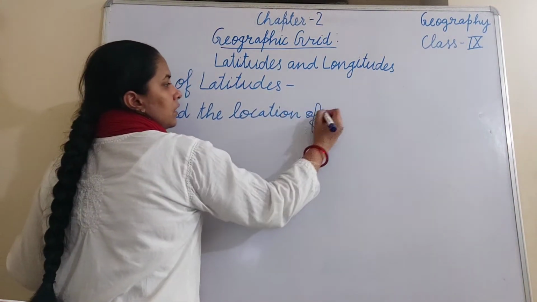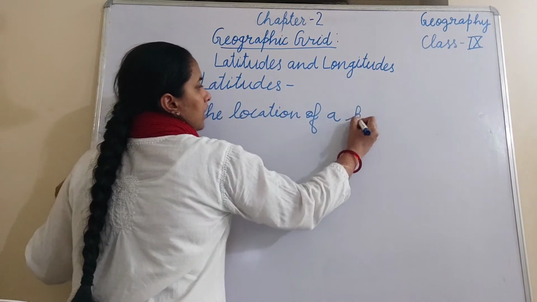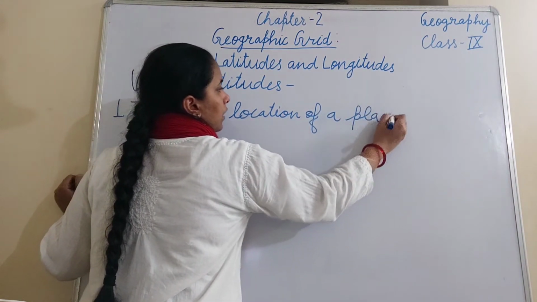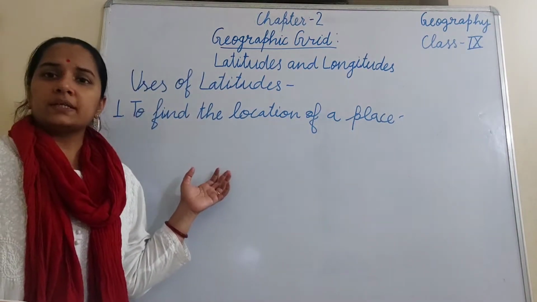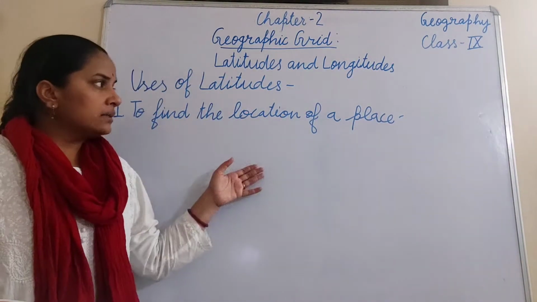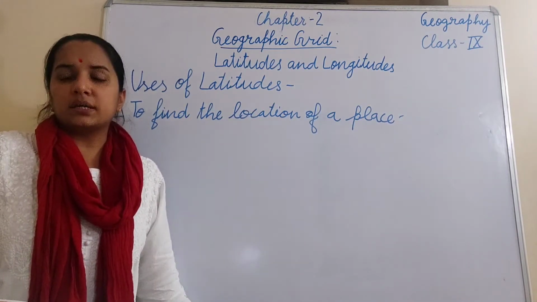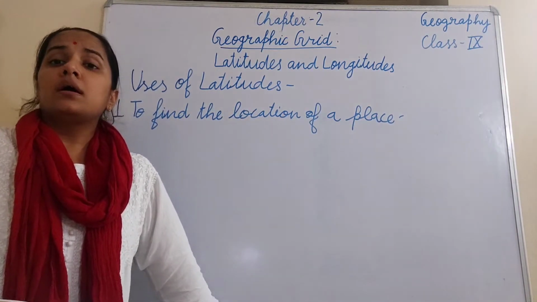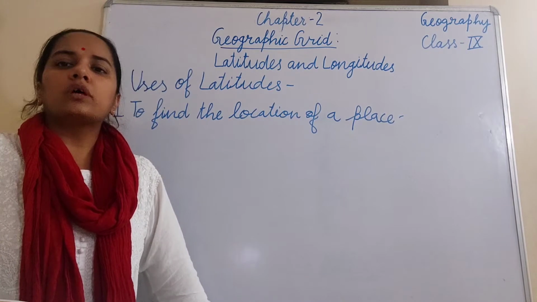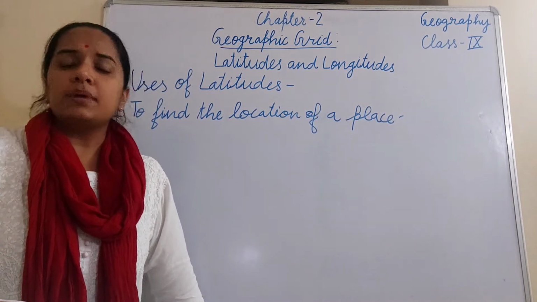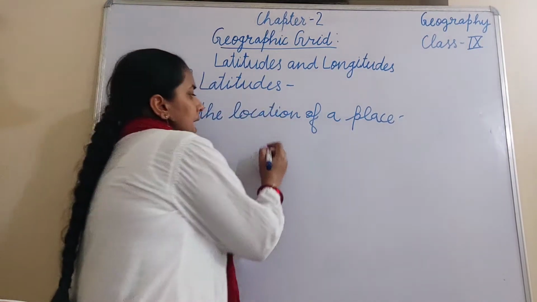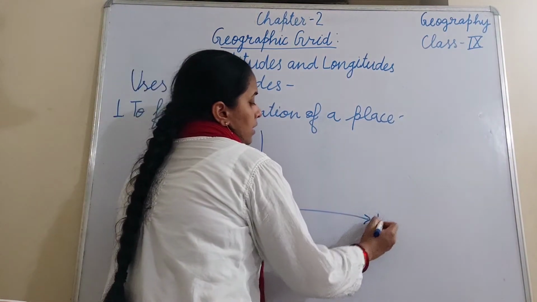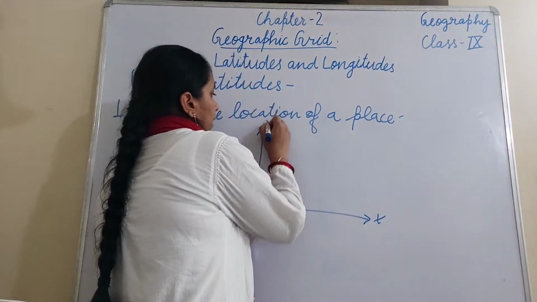How do we find the location of a place? When we started discussing it, I gave you the example that these lines of latitudes and longitudes work in the same way as we draw the x-axis and y-axis on a graph paper.